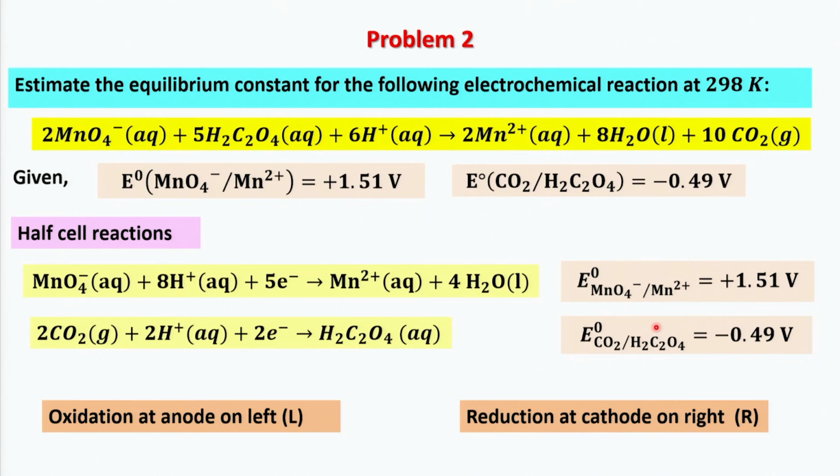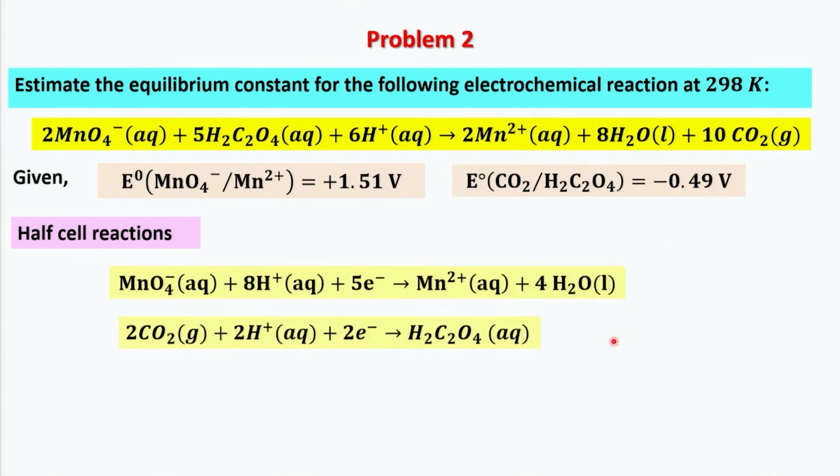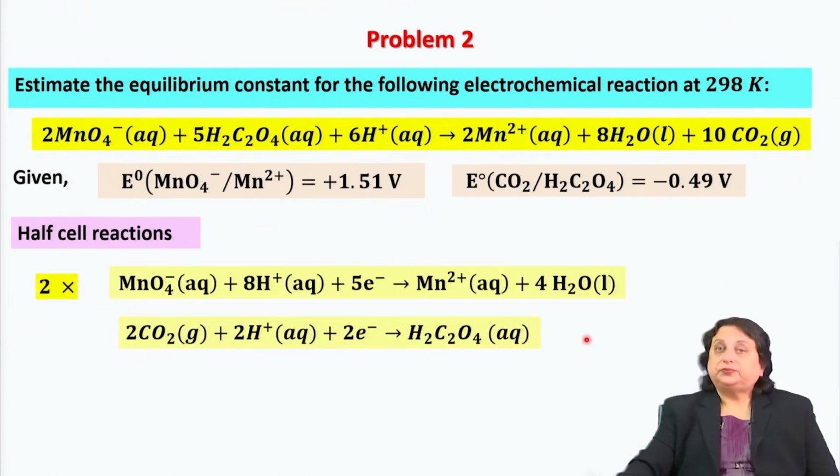So, if I want to write down the net cell reaction, I understand that I must balance out the number of electrons exchanged. Here 5 electrons are needed, here 2 electrons are needed. So, I will multiply this equation by 2 and this equation by 5.